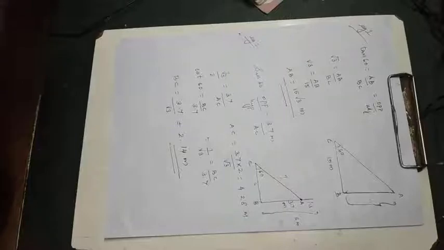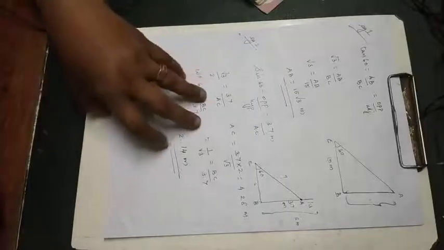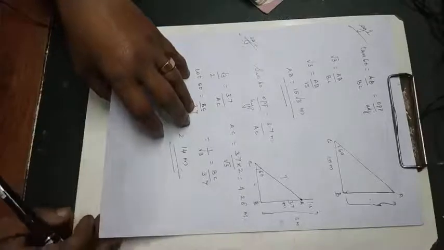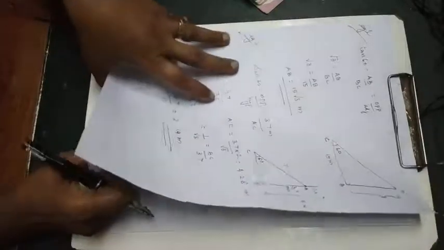Now, one observer is there, 1.5 meter tall, and she is 28.5 meter away from the chimney.